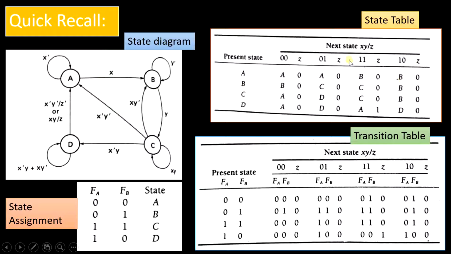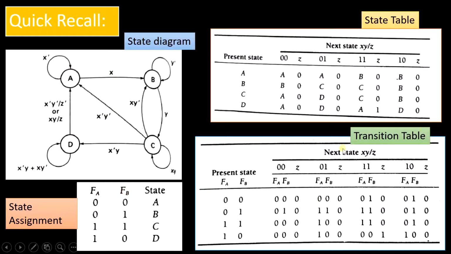Next, from the state table we obtain the transition table, and for the creation of the transition table, specific state variable values have to be assigned to each state. In this particular case, we have considered the states A, B, C, D and assigned the values 0 0, 0 1, 1 1 and 1 0, because there are a total of 4 different combinations, and we have named the variables FA and FB.